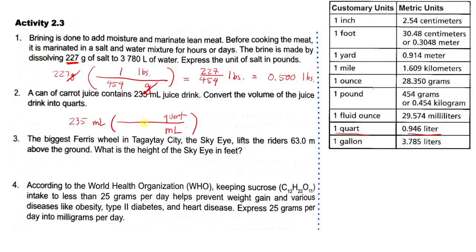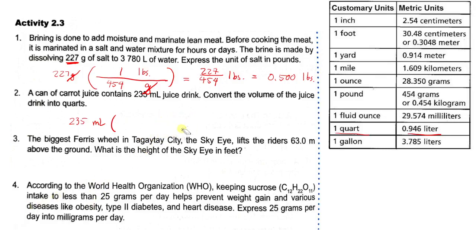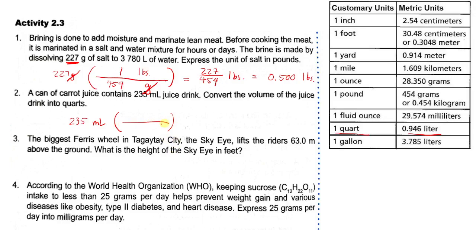So what do we do first? We need to convert this ml to liters. So we need to do a different conversion first. Again, we need to convert ml to liters. For every 1 liter, we have 1000 ml. So I hope this is already clear for everyone about the metric system.